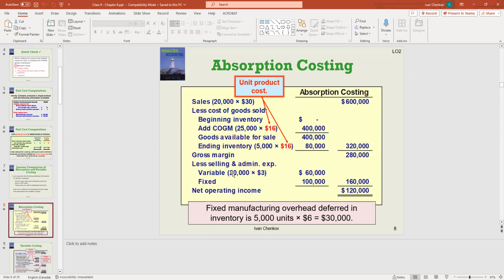Variable selling administrative expense is $3 per unit, and since we're selling 20,000 units, that's 60,000. Fixed selling administrative expense is $600,000. So the net operating income under this system for the first year of operation will be $120,000.